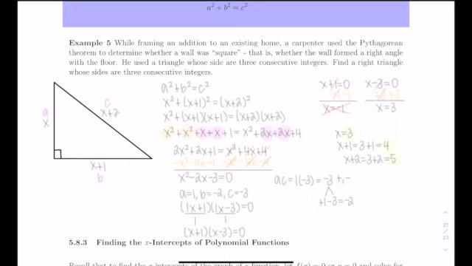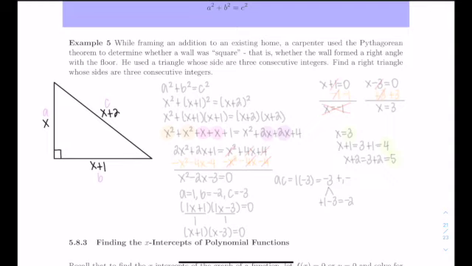So if we let the first one be x, the next side would be x plus 1, and the third side, which would be the longest, is x plus 2. You can check that this makes sense because if we plug in any number for x, let's say 3, the next one would be 3 plus 1, which is 4. And then 3 plus 2, which is 5. So you got 3, 4, 5, or 3 consecutive integers.